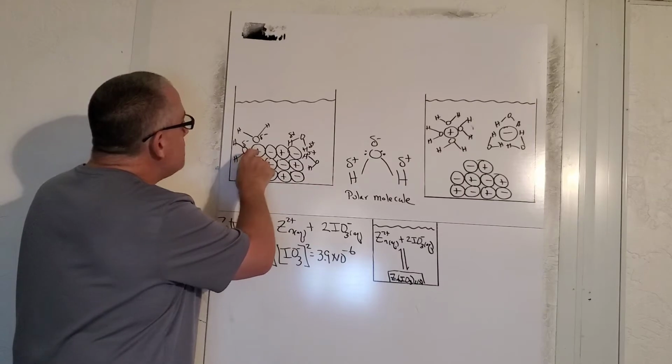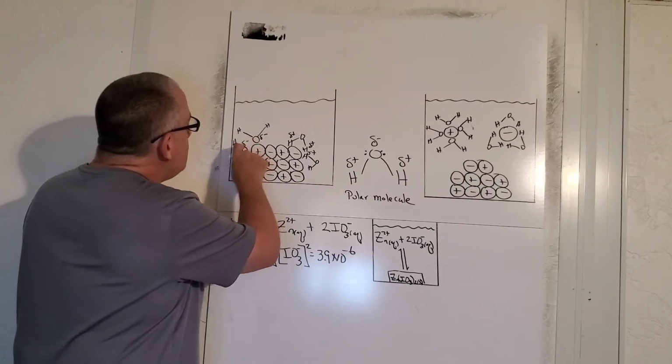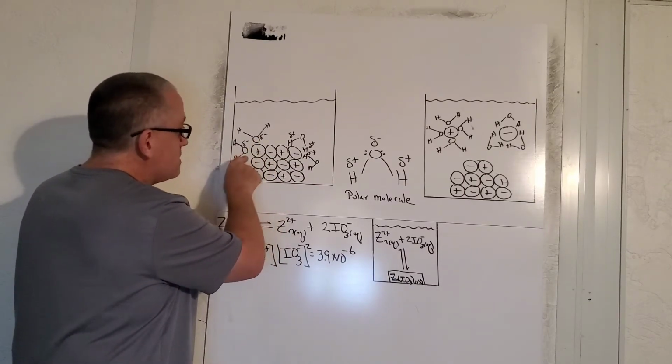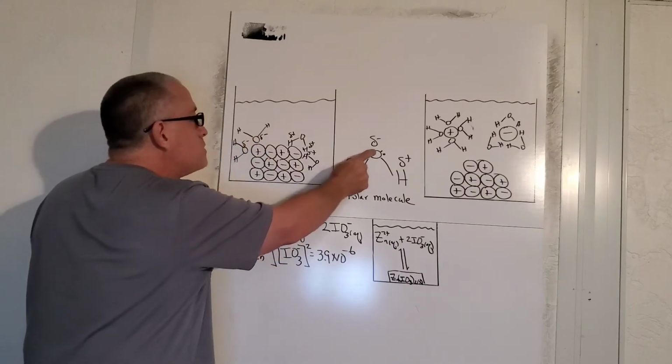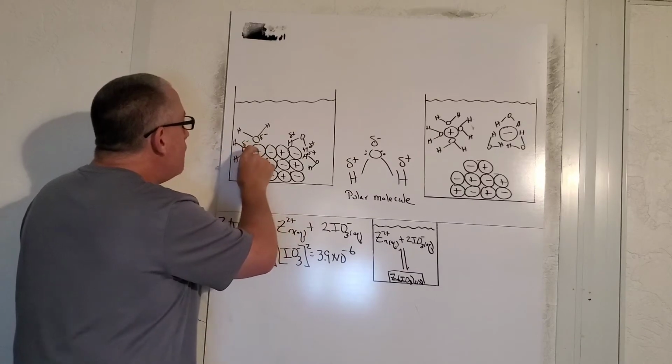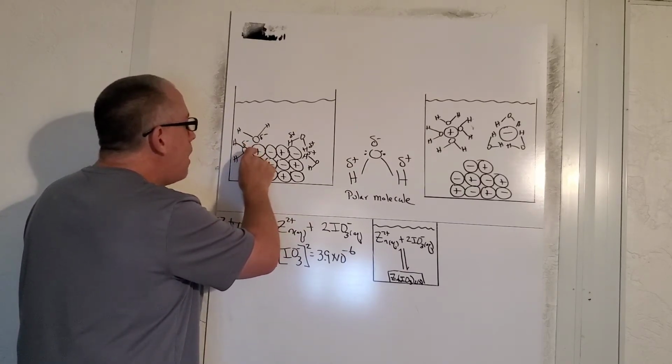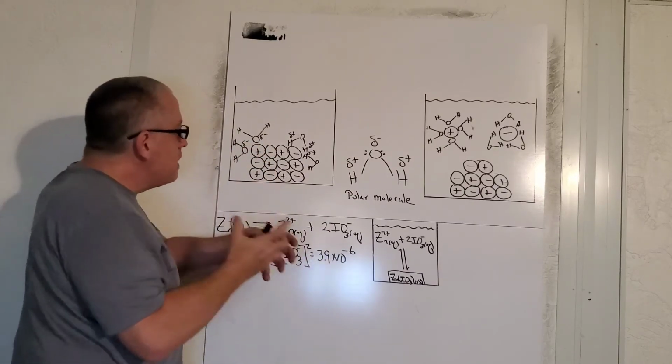And the attraction between all of these, and there'll be a lot more than just two water molecules, the attraction between all of these water molecules with the slightly negative oxygen on the positively charged ion here, the cation, will have a tendency to pull it out.